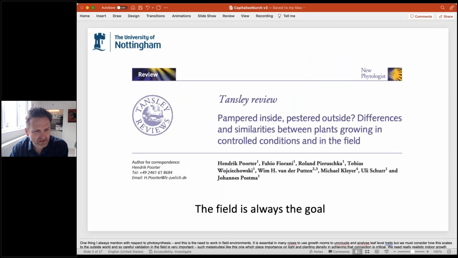This meta-analysis came out a few years ago. I really love this term, pampered inside, pestered outside. It describes perfectly what happens when you try to compare plants in a growth room with those in the real world. You can replicate real world conditions and get meaningful results, but largely whenever you put a plant outside, it is pestered by changes in light, temperature, humidity, etc., and literally pestered.